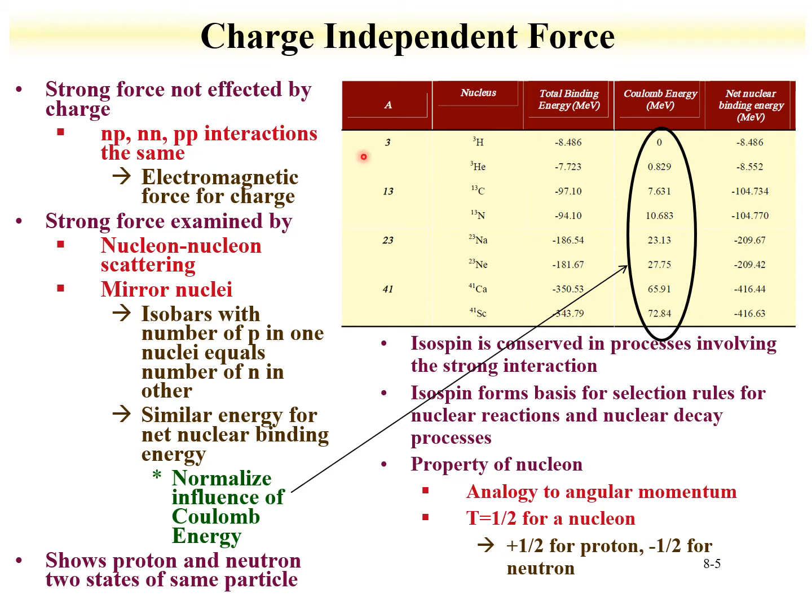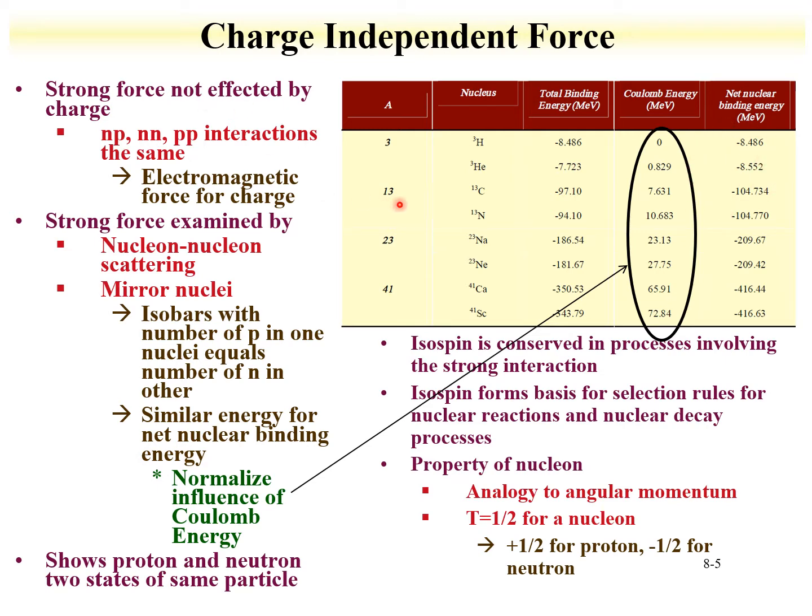For something like tritium, there's only one proton, so the Coulomb energy would be 0. For the other nuclei, we have Coulomb energies calculated based upon the number of protons in the nuclei. If we take the total binding energy and compare it with the Coulomb energy, we see that the net nuclear binding energy is very similar based upon the total number of nucleons in a given nucleus.